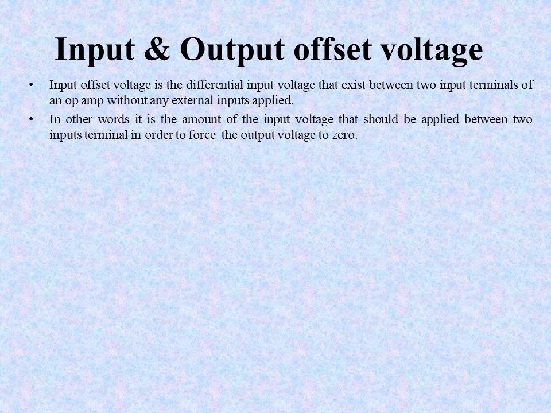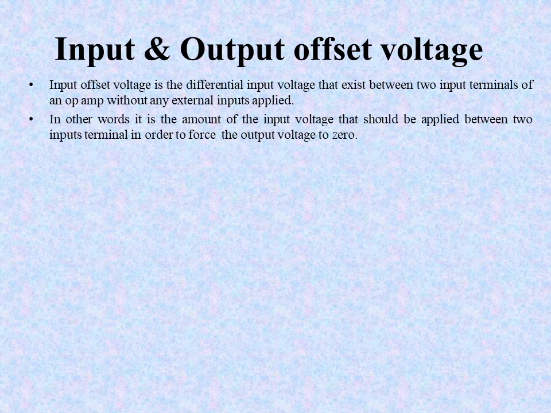You may ask how it is possible that we are not applying any external input but still there is a differential input between the two terminals. No, this doesn't actually exist, but we are not giving any input and still there is some output. So in order to reduce that output to 0, we have to apply some input signal.